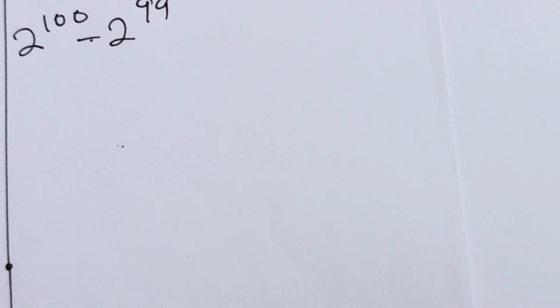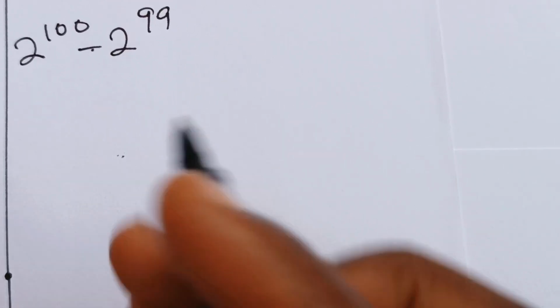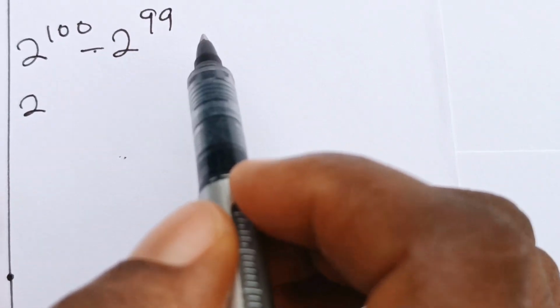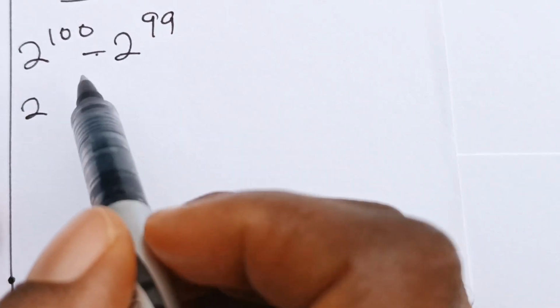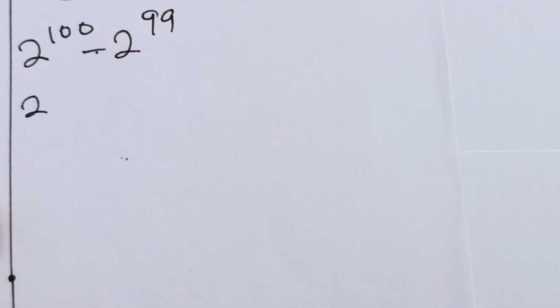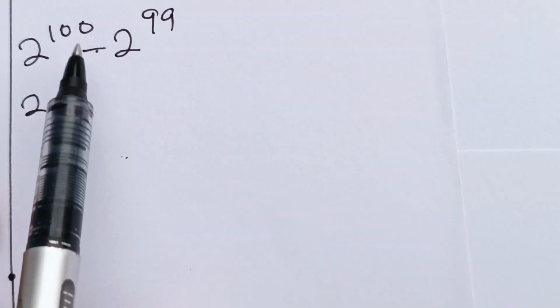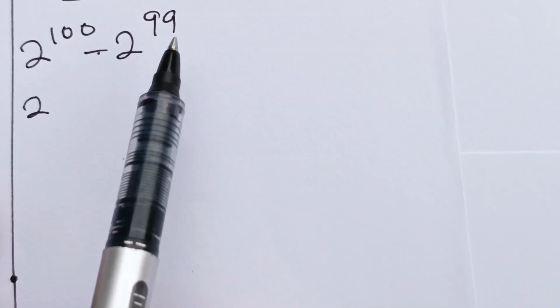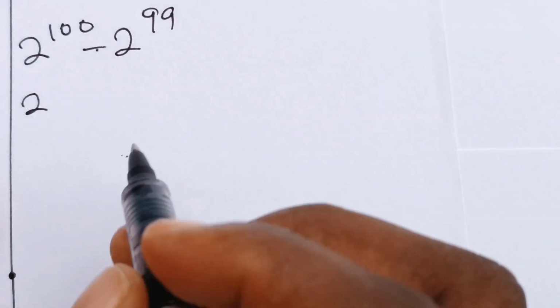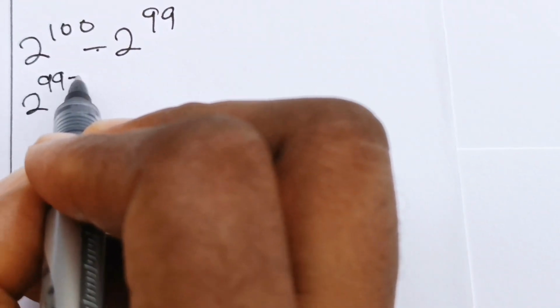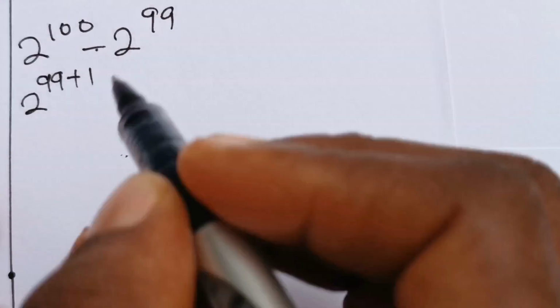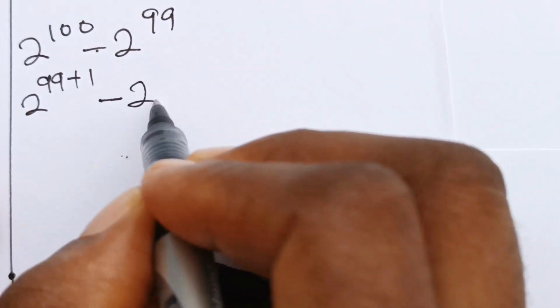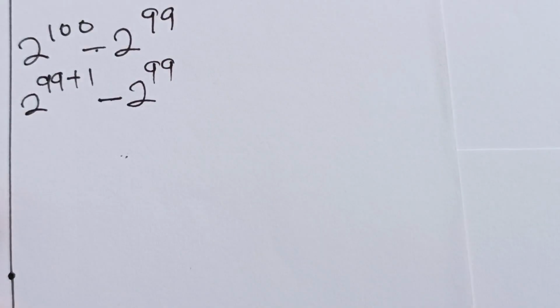Now we have 2 to the power of, the lower one is 99, right? So we are going to express 100 in terms of 99. To express 100 in terms of 99, we have 99 plus 1, then minus 2 to the power of 99. Yes, as easy as that.